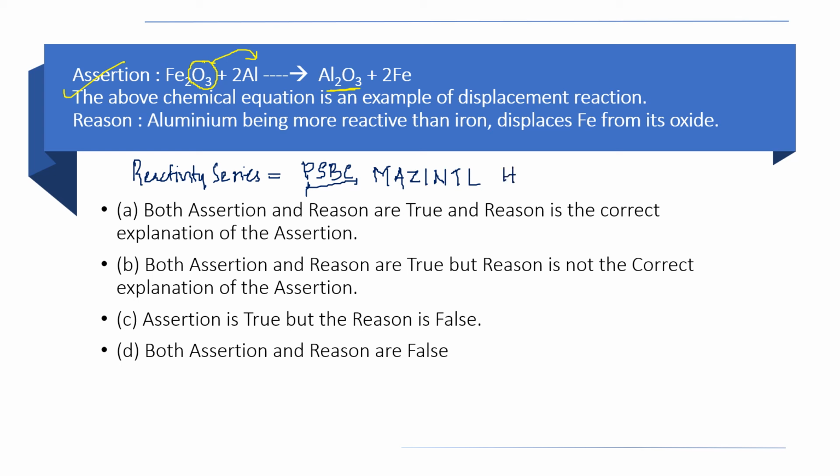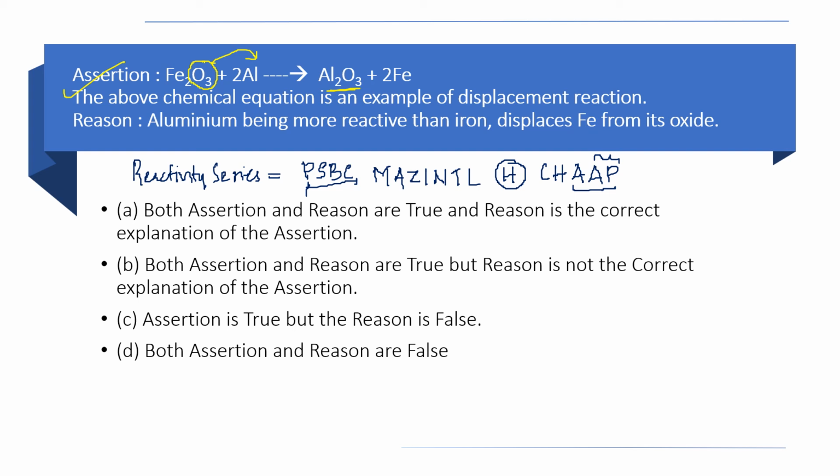Then comes hydrogen, that is our standard. Then copper, mercury, argentum, which is silver, gold, then platinum. Gold, silver and platinum are inert metals. So this is the reactivity series.